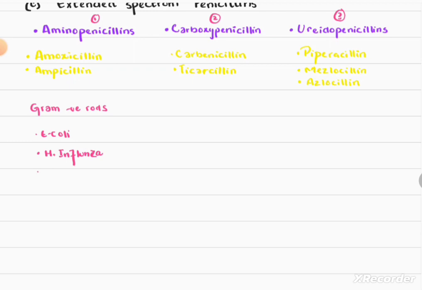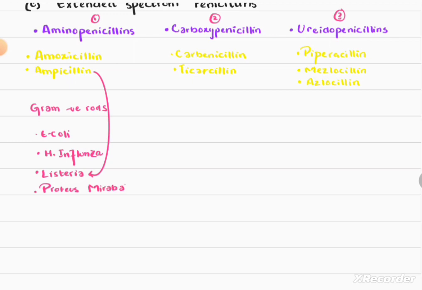It has activity against listeria, and ampicillin is the drug of choice in the treatment of listeria meningitis, because listeria causes meningitis in humans. It also has activity against Proteus mirabilis. However, resistant strains also occur.